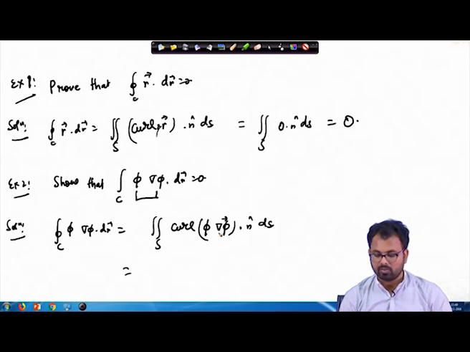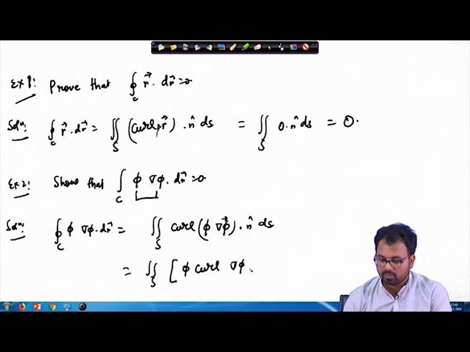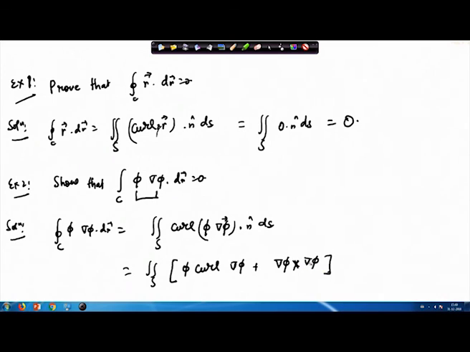Now we have to calculate curl of phi times gradient of phi. Using the formula from vector calculus, this can be written as phi times curl of gradient of phi plus gradient of phi cross product with gradient of phi, dot n dS.